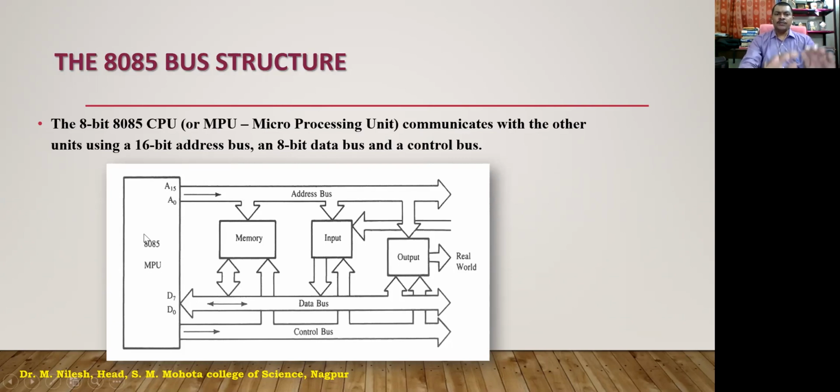So this is the complete bus structure where the microprocessor is going to communicate with the other peripheral devices, which might be the memory. So memory, in fact, is concerned with the IC, which we call direct memory access. So the memory is accessed directly over here by using those instructions.